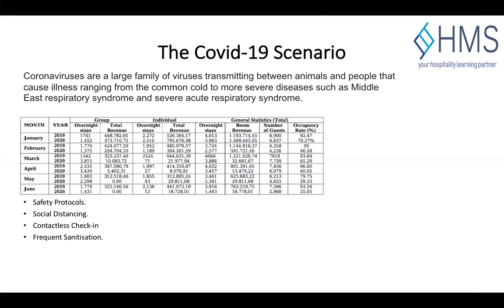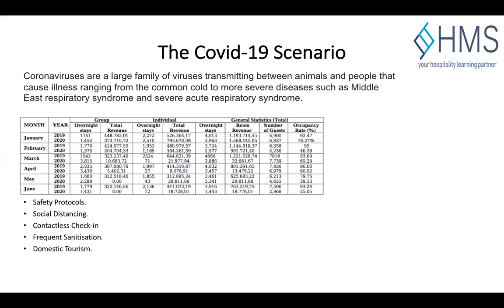And the frequent sanitization, because the housekeeping department again has taken this into special consideration, that frequent sanitization of public areas and faucets is very, very essential.